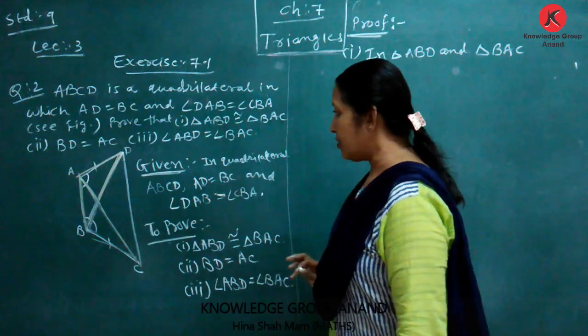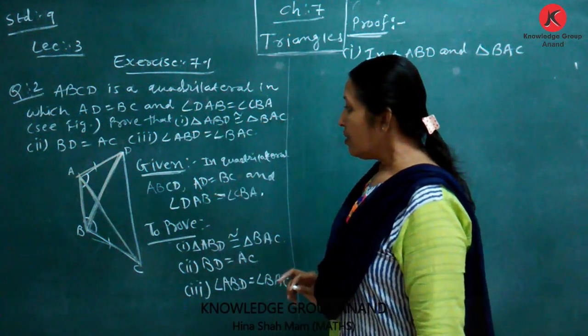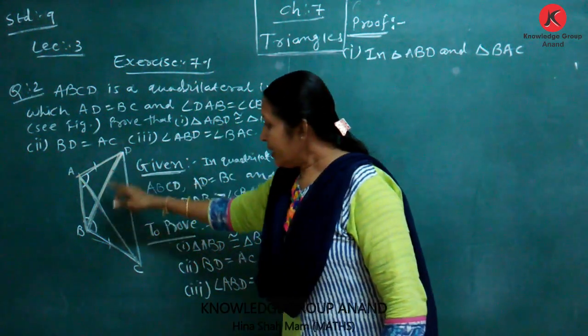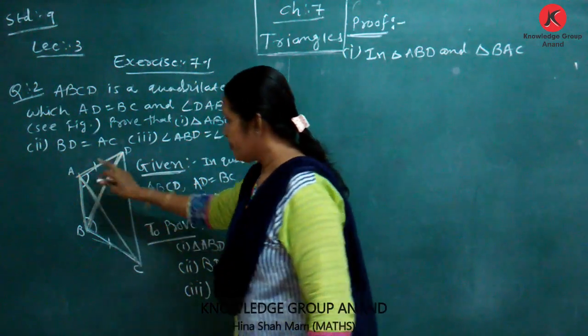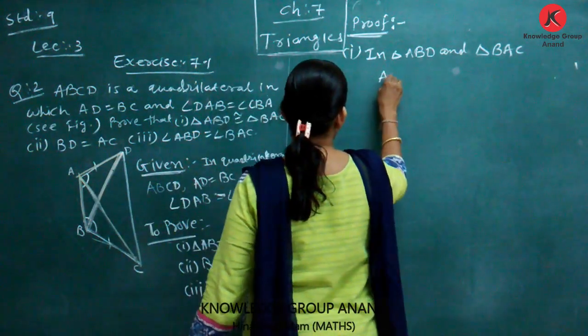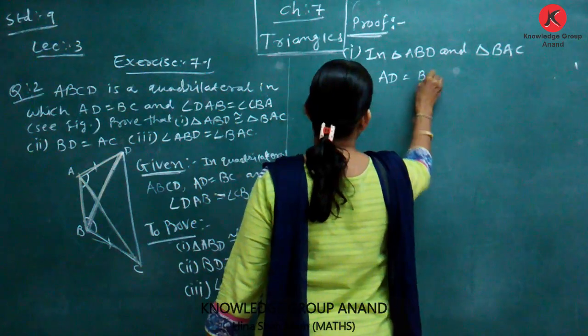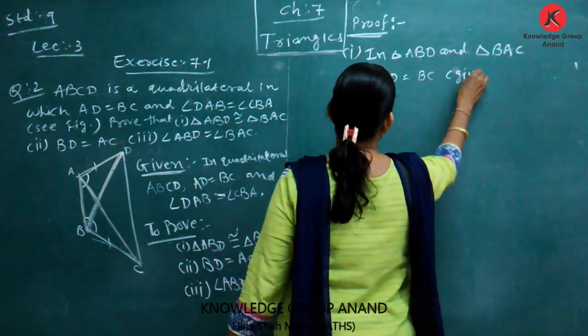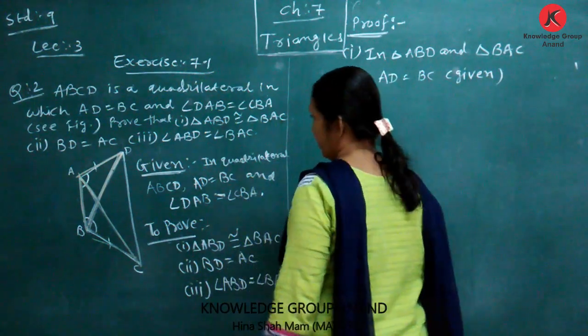In both triangles, AD is equal to BC, given part.